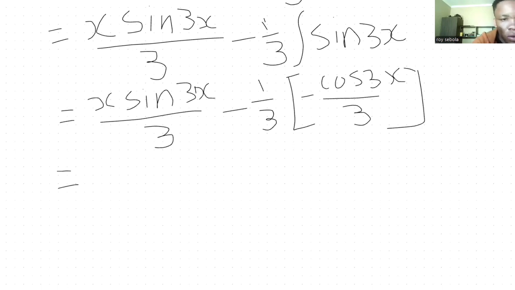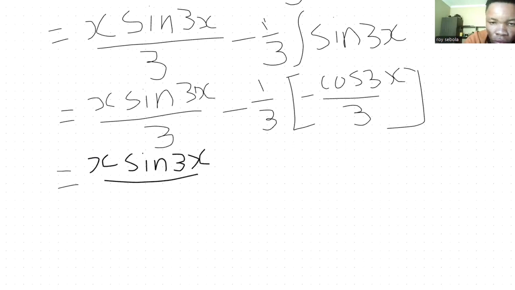And when we simplify, we will have x sine 3x divided by 3 minus 1 over 9. Now, negative times negative is going to give us positive.